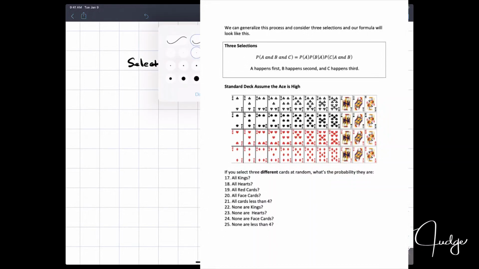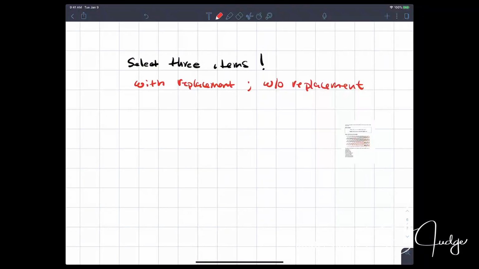As you know, there are 2 situations to consider: with replacement and without replacement. I know you can't see that. Here you go. You're going to select 3 items with replacement and possibly without replacement, and we'll have to determine which based on the question.